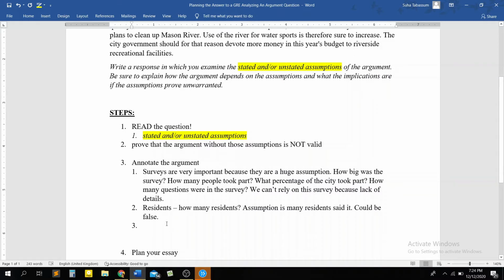Right then, so what they assumed was that the river is not used because the government gives very little of its budget.